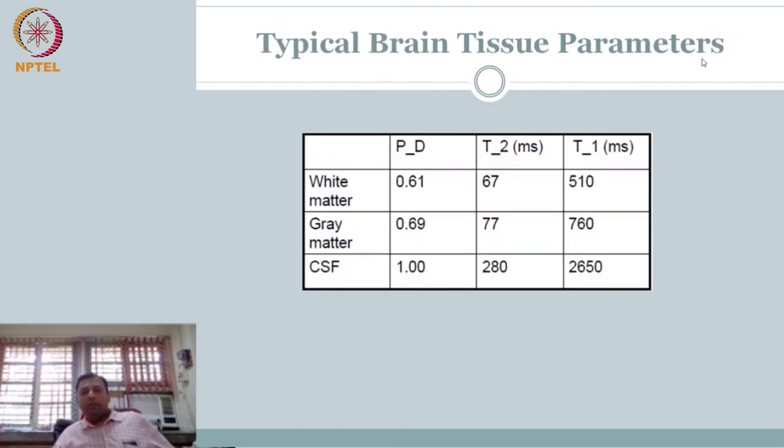Take an example of a brain tissue, right? In MRI, you have seen several brain images. So let's take a brain tissue. We have three different types of tissues there: gray matter, white matter, and fluid, the cerebrospinal fluid. You notice these are the properties of proton density, T2 and T1, the material property that is inherently different. So this is the inherent contrast that you are expecting from different types of tissue in the brain.